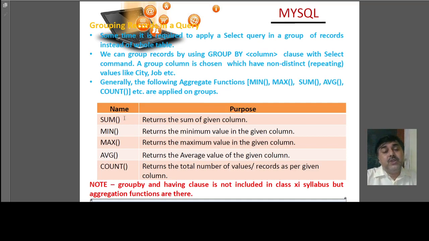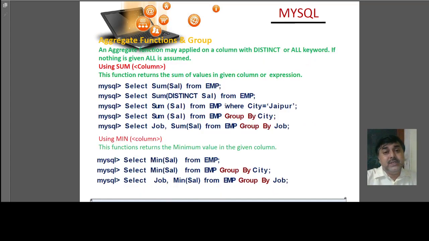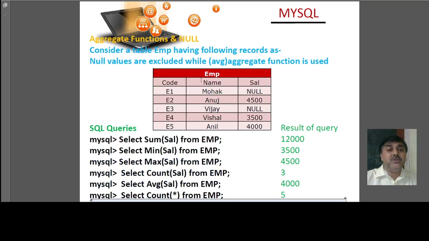With GROUP BY we can use functions like average, minimum, maximum, and count. See here, one table has been taken. From there: SELECT SUM of salary FROM employee; SELECT MIN salary, MAX salary, COUNT salary, AVG salary FROM employee; SELECT COUNT(*) FROM employee.